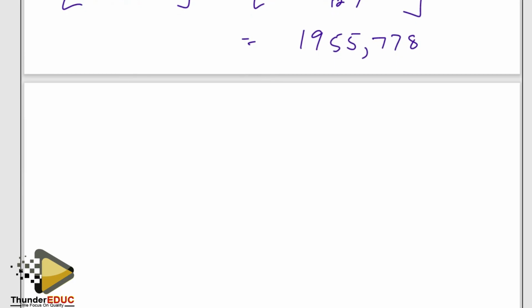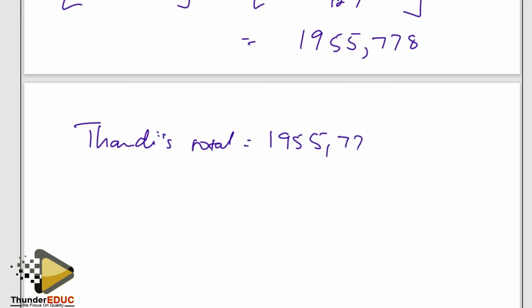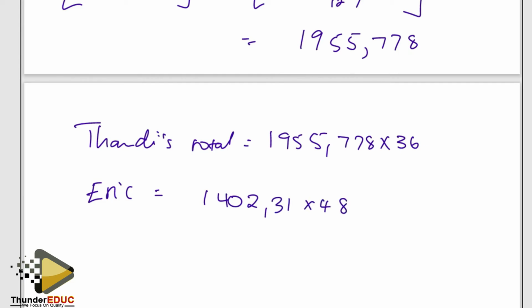So Tandy's total is going to be 1955.778 times 36, and Eric's is going to be 1402.31 multiplied by 48. The answers I get, I need to subtract because they want the difference. Since Tandy is making bigger deposits, chances are she's going to have a lot of money at the end of the 36.